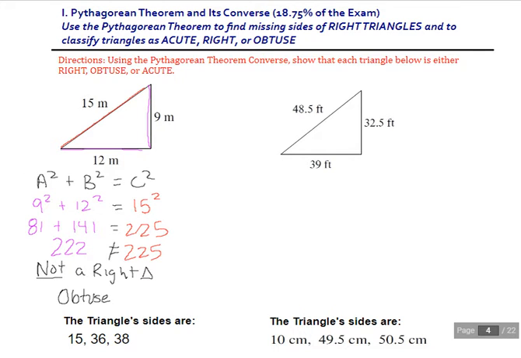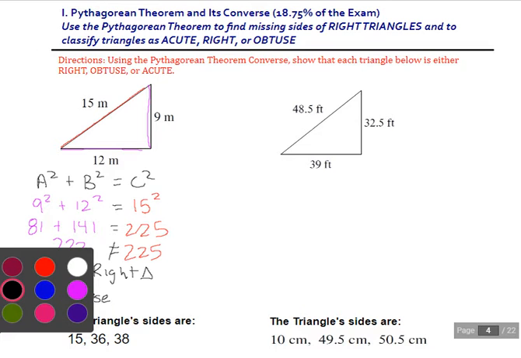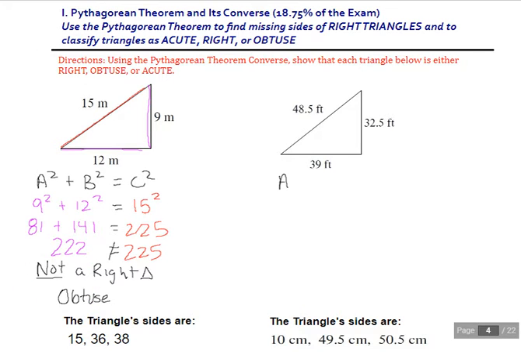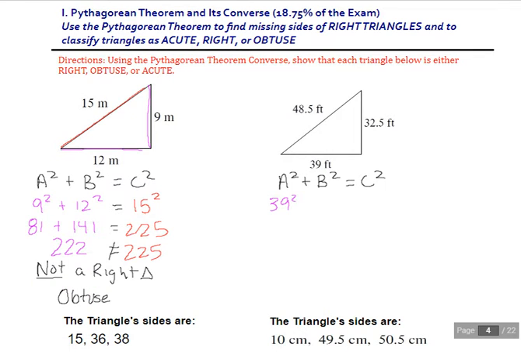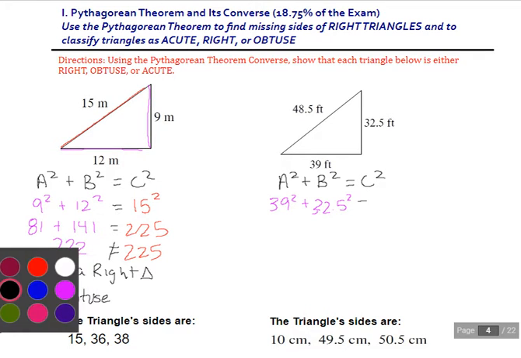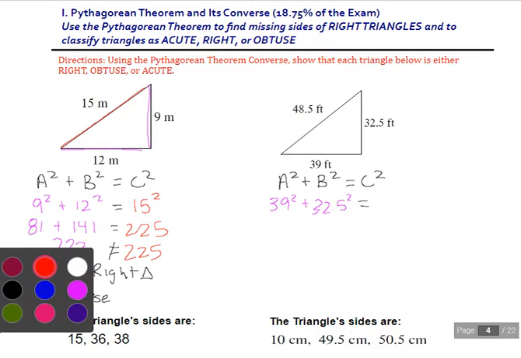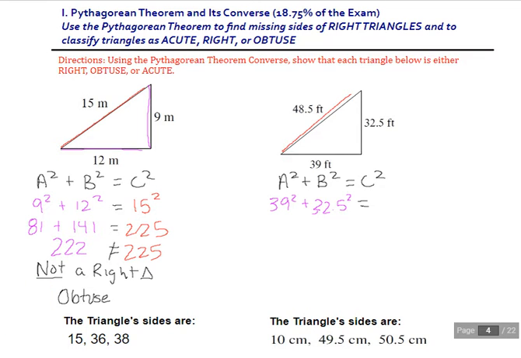All right, so now we can repeat that process. So we test first, assuming that it's going to be a right triangle. Okay, so my two smallest sides, 39 and 32.5, go in for a and b. And then 48.5, my longest side, goes in for my potential hypotenuse.